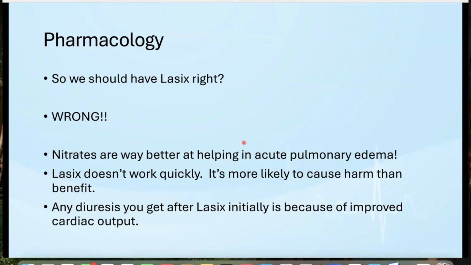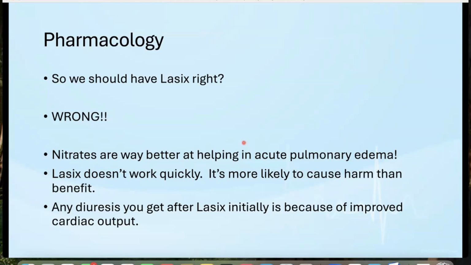So if we miscategorize, and we think they're having CHF or pulmonary edema, when the reality is they actually have pneumonia, if we give that person Lasix, we're in a world of hurt. That person may be on the verge of getting septic, and so they need the fluids.